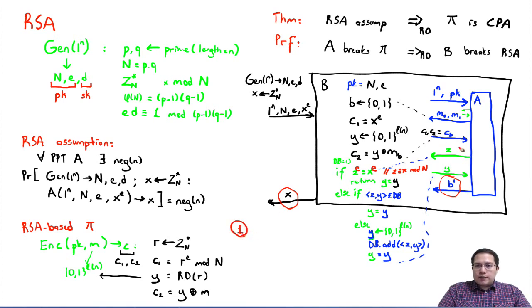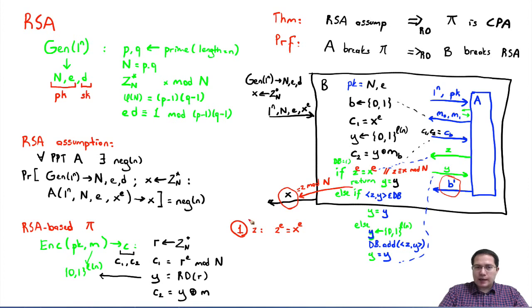One of the queries of the adversary is a z such that z to the e is indeed equal to x to the e. So z to the e mod n is equal to x to the e mod n. If that's the case, what we do is we can output x as z modulo n.